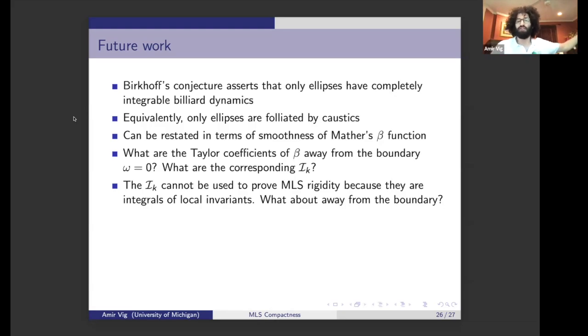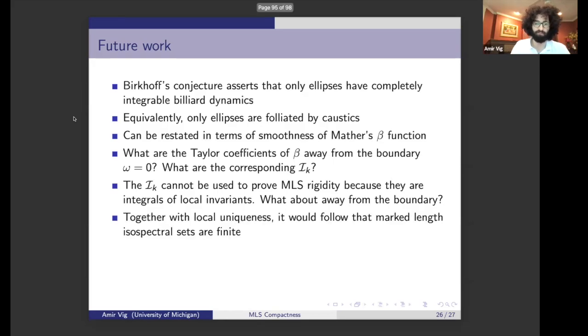That was approached a long time ago, and I think there's more to be said for that story. I also wanted to mention that if you can use rigidity to show local uniqueness, it would follow that Mark-length isospectral sets are finite. That would also apply to Laplace isospectral sets, at least in this generic setting. And by the way, the generic setting includes analytic domains, so it's not that restrictive of a condition.